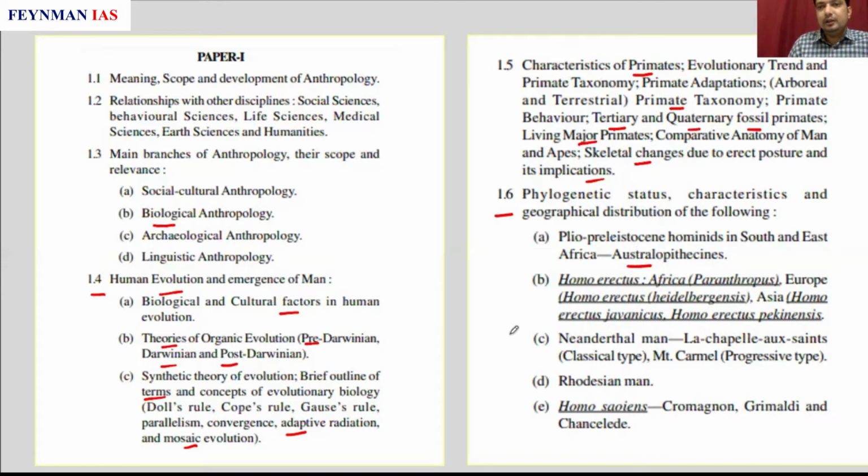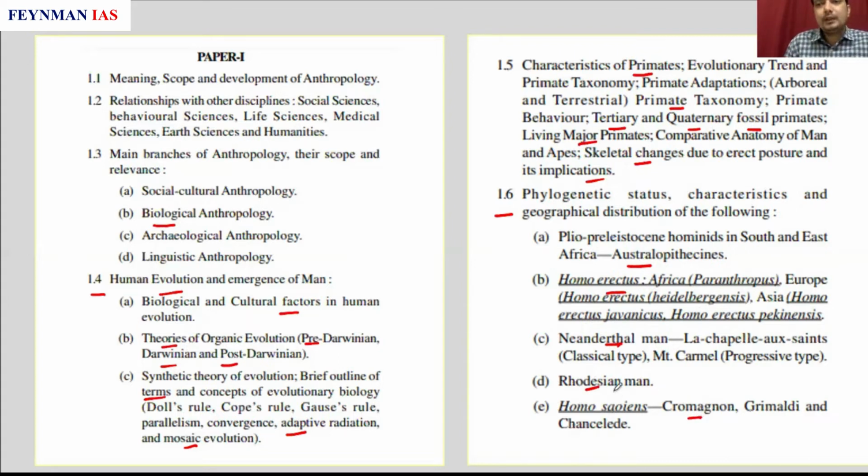So these species don't exist, but we have evidences of them. So Australopithecines, and we have Homo erectus, and a few selected Homo erectus fossils I talked about here, Neanderthals, and Rhodesian man, and then finally Homo sapiens, and those more primitive than the modern humans like Cro-Magnon, Grimaldi, Chancelade. So these type of things that we have to go through.